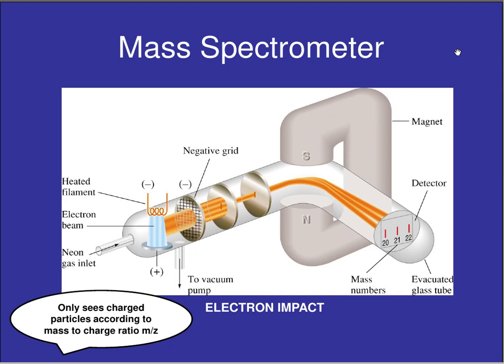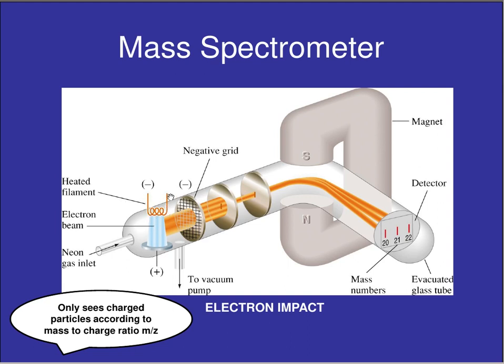What happens is you have a sample, and in this example the sample is neon, and the neon is allowed in a small amount into a vacuum chamber. As the neon passes through, it goes between a heated filament and a positive plate, and the heated filament is highly negative.